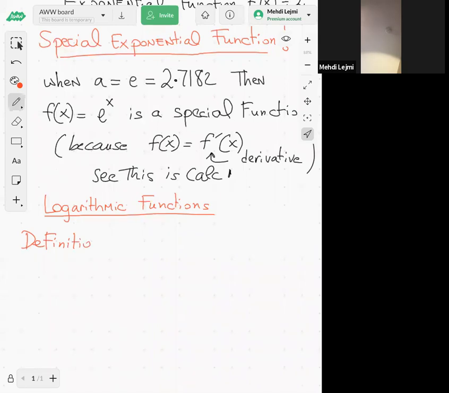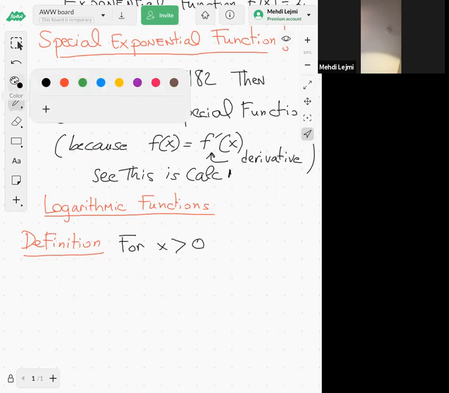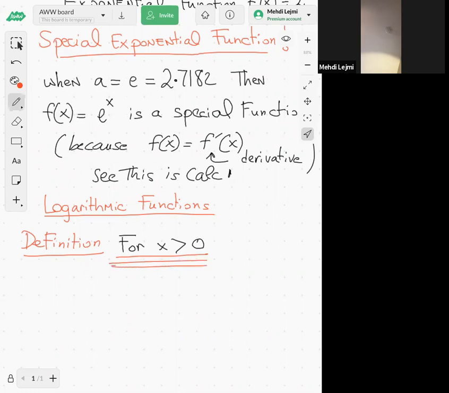For x positive, and this is a very important hypothesis, you need your x to be positive.